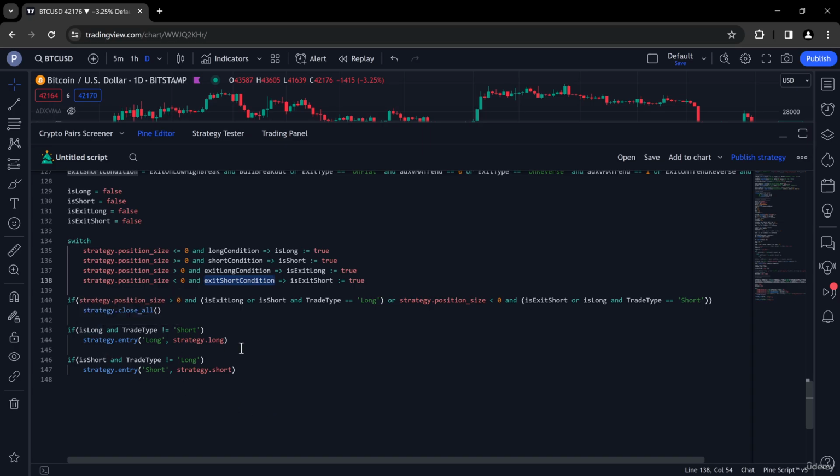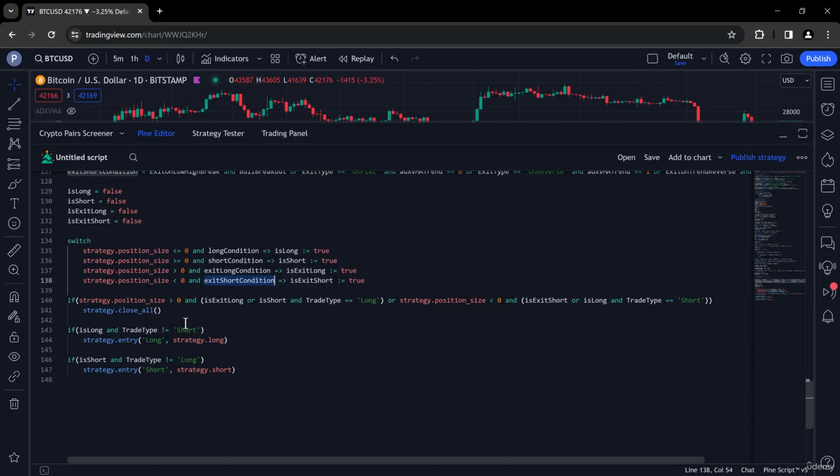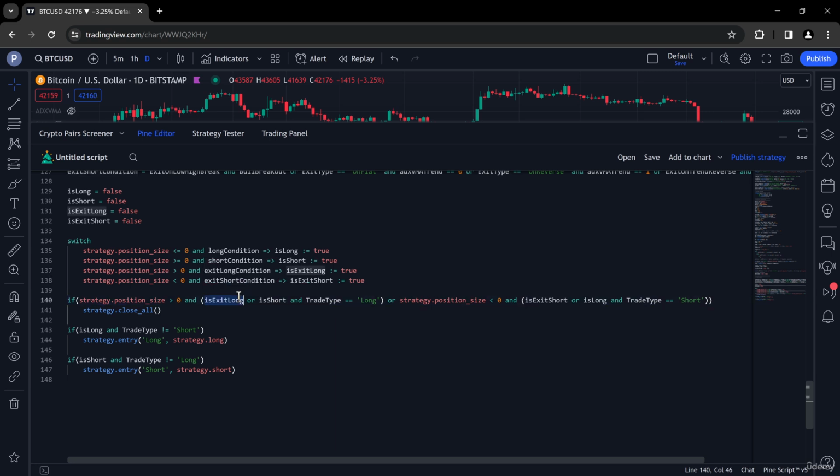First of all, we're going to make sure that we exit the current position if we have corresponding parameters set. So whenever position size is bigger than 0, meaning it is long, and we have exit long signal, or we have a short signal and short trades are not allowed, trade type equals long condition. When this condition is true, meaning the short positions are not allowed, meaning only long positions are allowed.